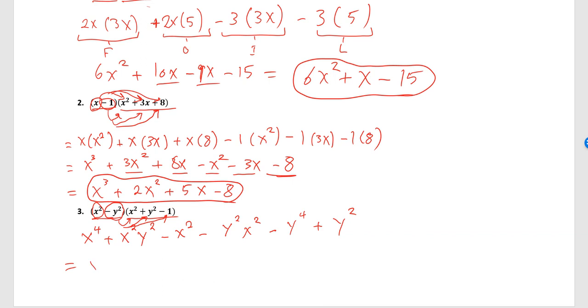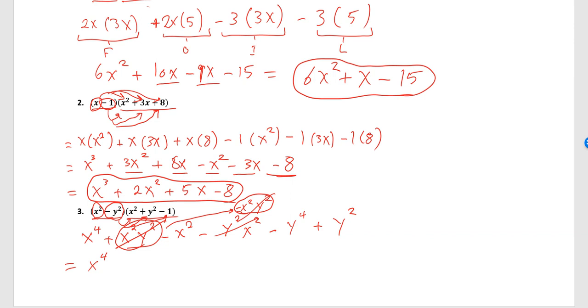So we have x to the 4th, nothing else adds to it or interacts with it. So it stays as is. And then we have x squared y squared plus positive, and then minus y squared x squared, which is x squared y squared, right? So we essentially have this minus itself, right? So it cancels out.